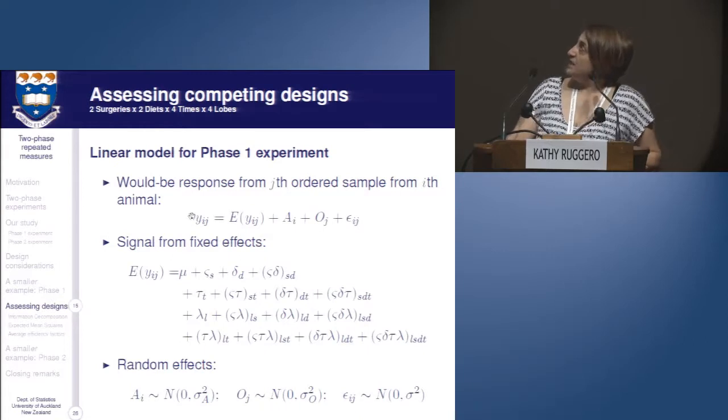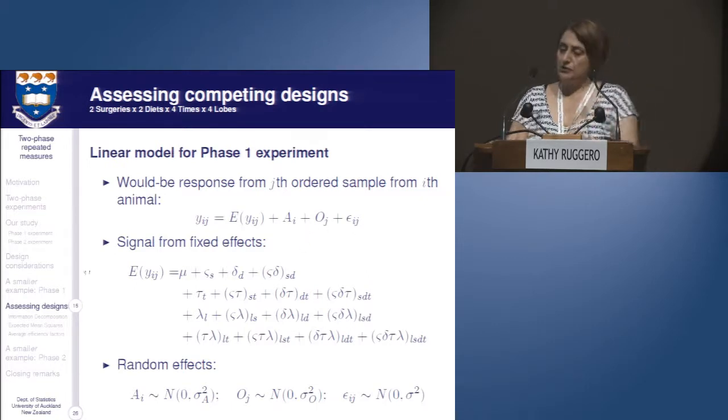Now, just as a little aside, this slide here is the linear model, or linear mixed model, for the phase 1 experiment, and it's really here just for the notation. And the thing I really want you to take home from this is that for the animal random effect, I'm using the variance component, or the symbol sigma A squared, and for the order effect sigma O squared.